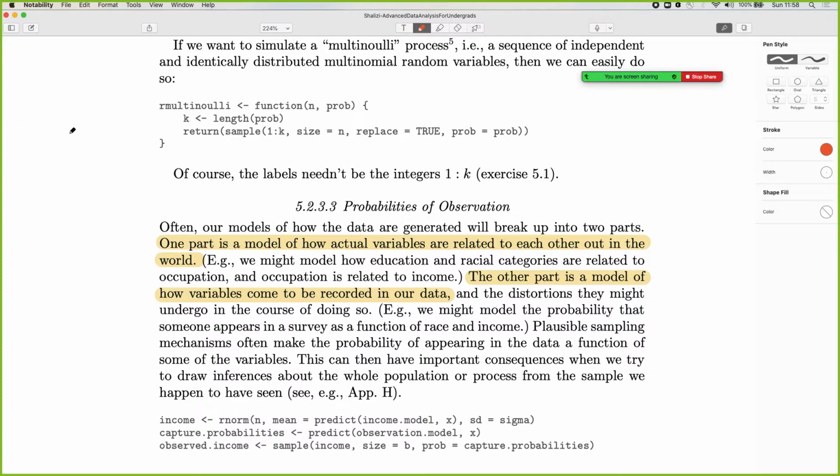To take a good example, he's given us an example. How one might model education and racial categories' relationship to occupation, and occupation's relationship to income, versus how we might model the probability that someone appears in a survey as a function of race and income.